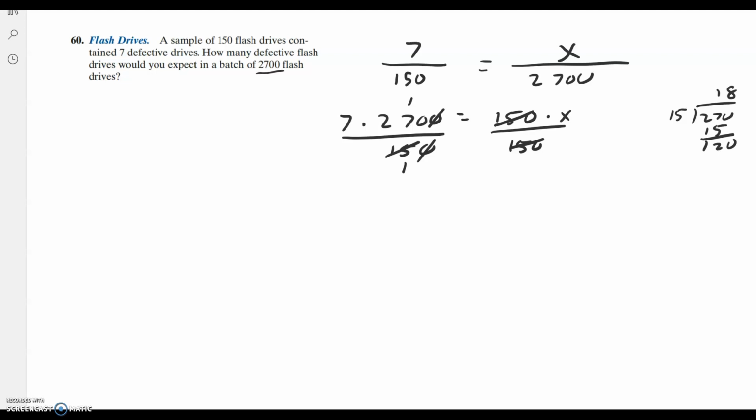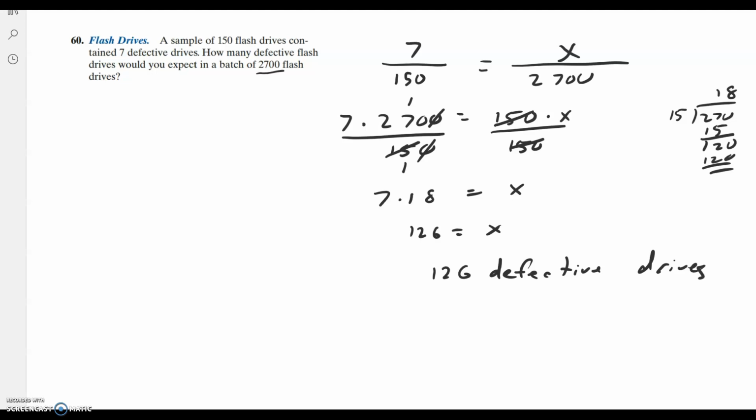Yeah, that's what I thought, but wasn't sure. So we have 7 times 18 equals x. 7 times 18 is 126. So you would expect 126 defective drives.